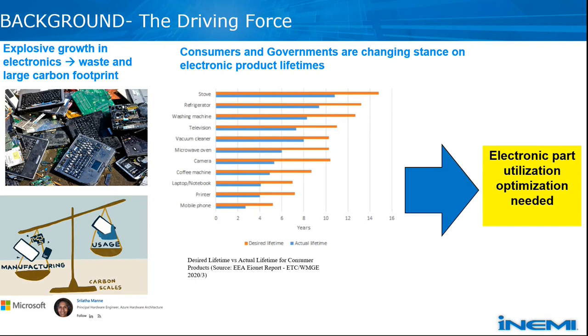So from consumers and governments, we see consumers are wanting their products to last longer for various economic reasons. Governments are also recognizing the opportunity and benefits of reducing the electronic waste. And the resulting public opinion is leading to increased government regulations. And these are also contributing to the need to extend our reliability and lifetime of products.